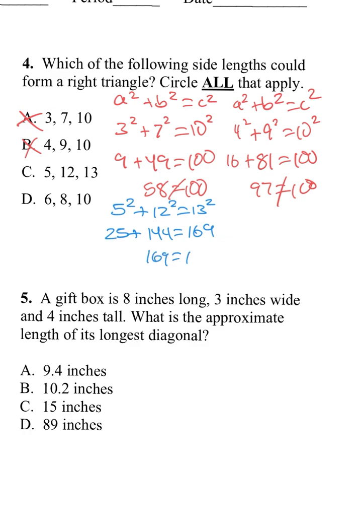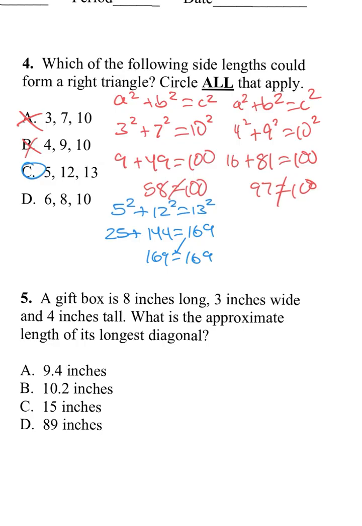Is that equal to 169? Yes, it is. So this fits. Those side lengths do form a right triangle. All right, next one. For D, we've got 6, 8, and 10.